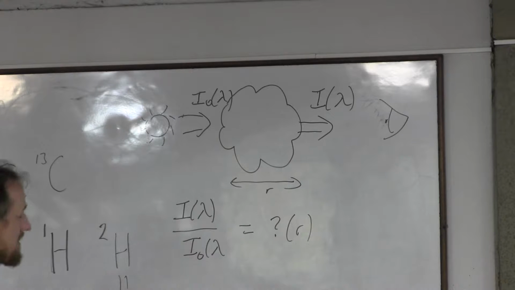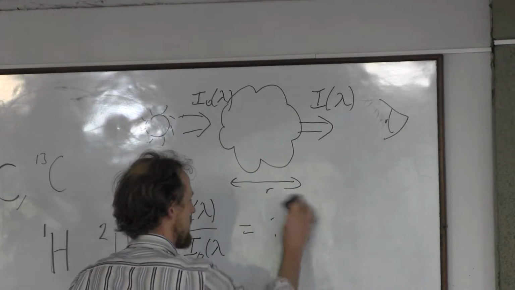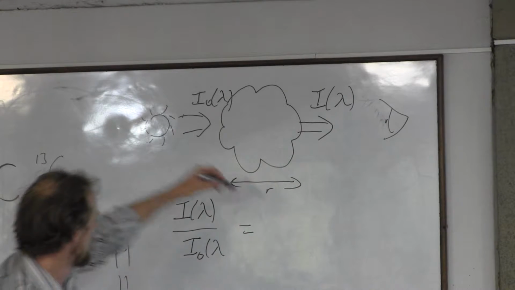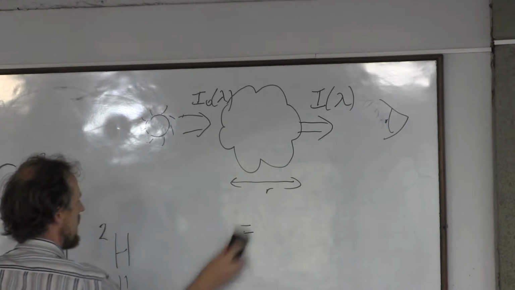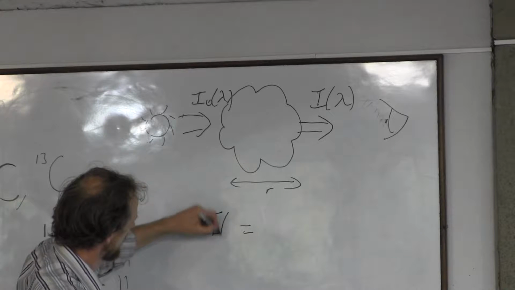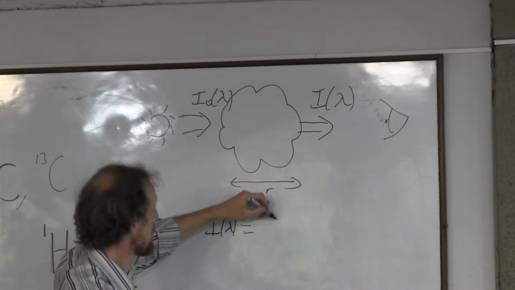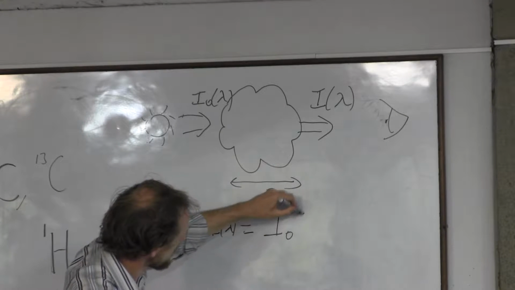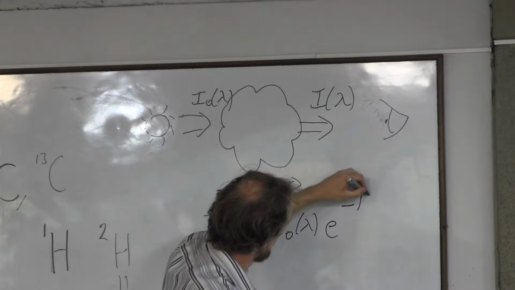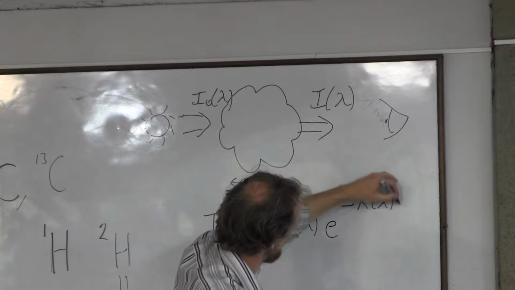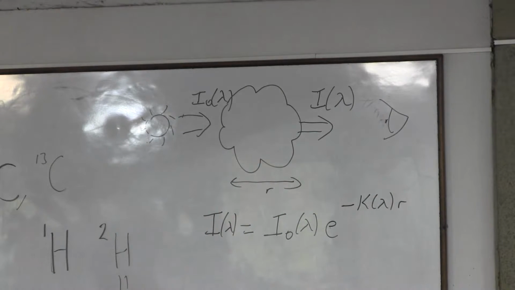The decrease, in the simplest possible theory, the first order theory, is exponential. The simplest possible thing is that the more cloud, the more photons get deflected out of the way.